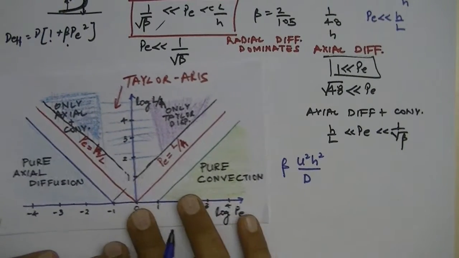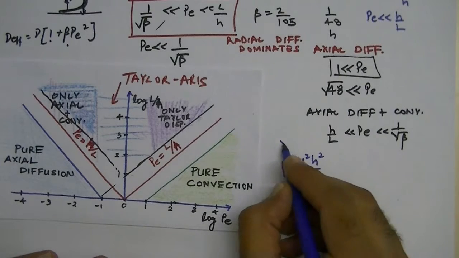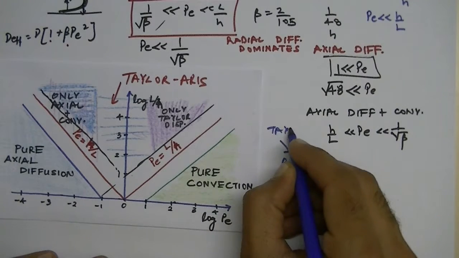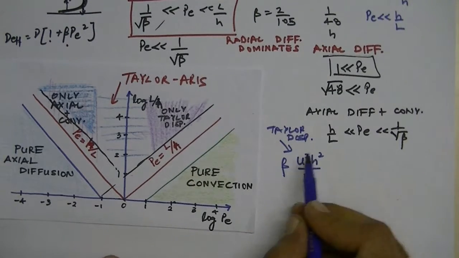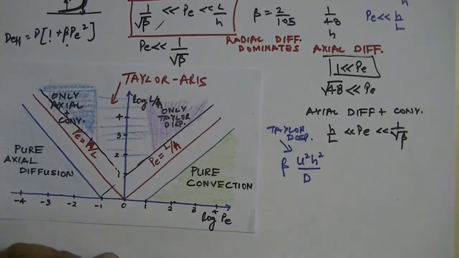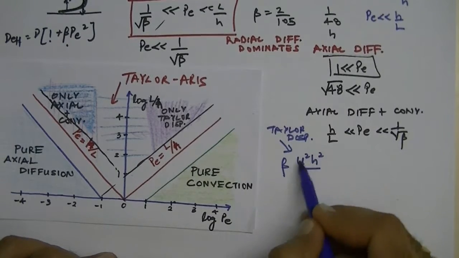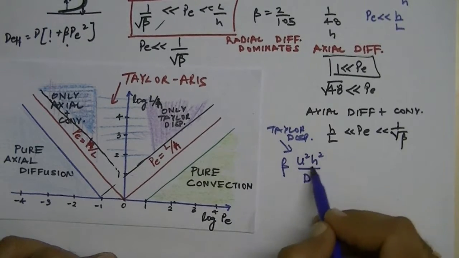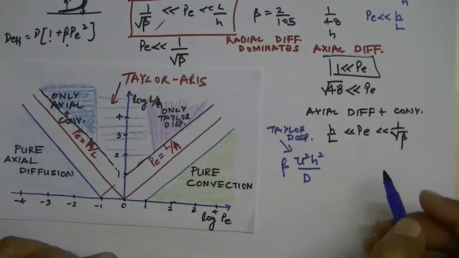Now this gives a counterintuitive result. So this is the Taylor dispersion term, u squared h squared over D. Now what this term says is that certainly if you have larger h and larger mean velocity, you would have more dispersion.